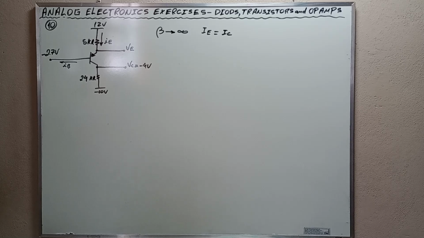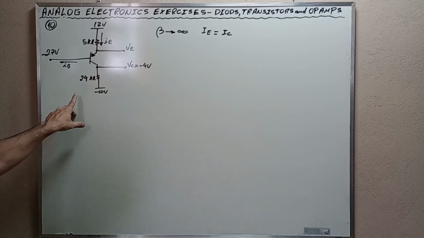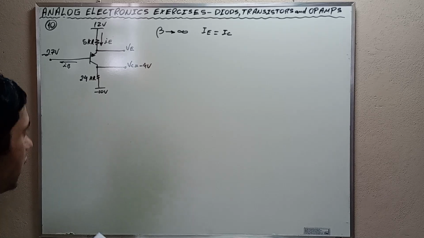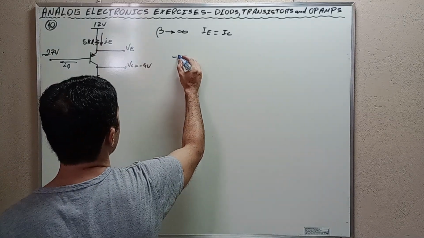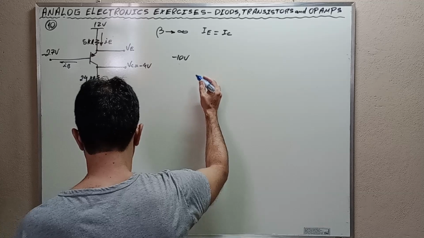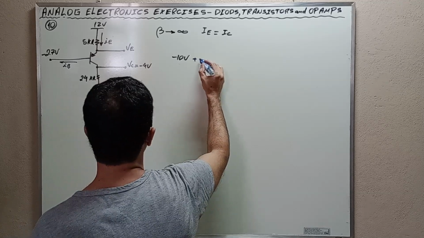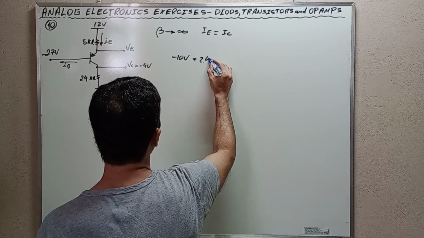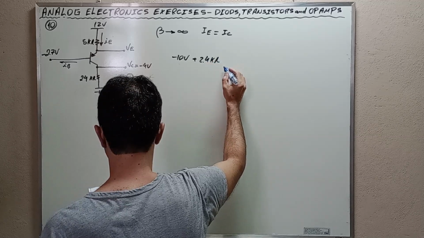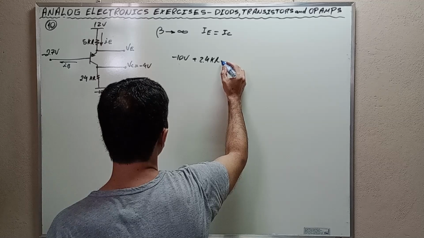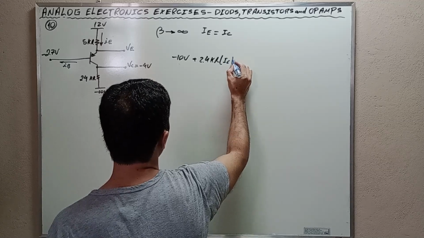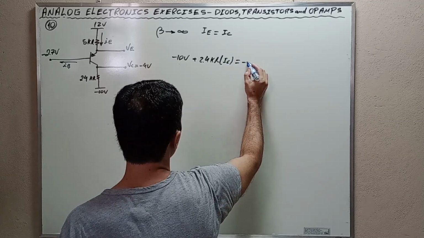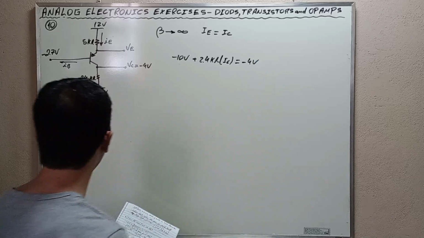is negligible. From the circuit, we see that, take a look at the voltage drops, negative 10 volts plus 2.4 kilo ohms times IC is equal to negative 4 volts, okay?